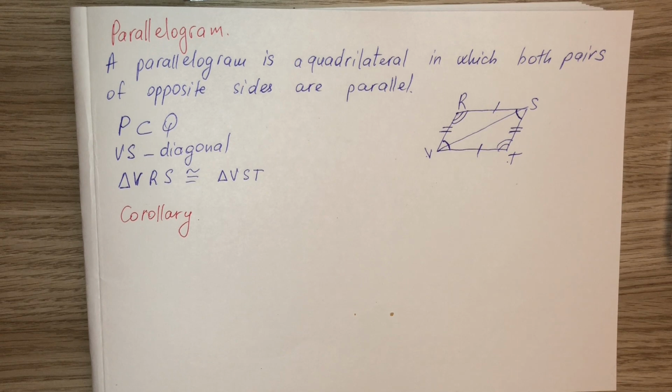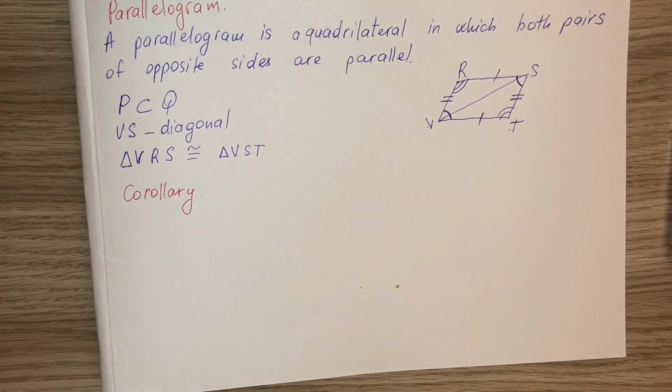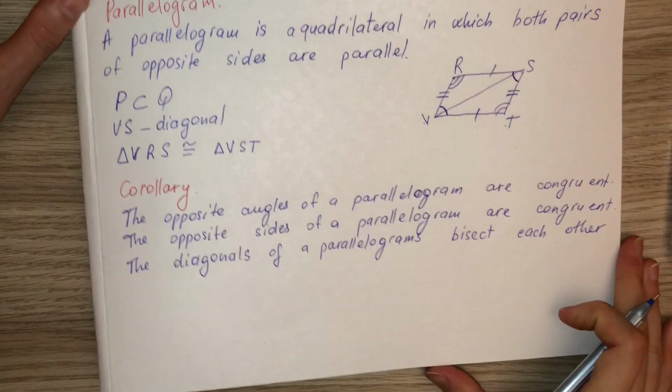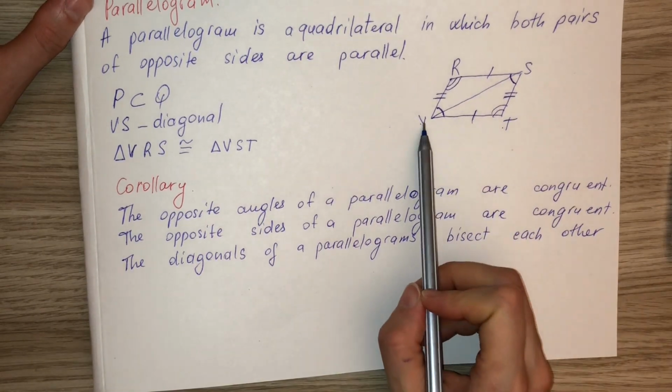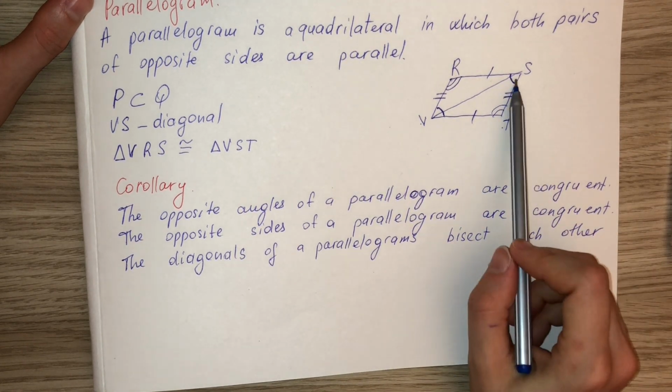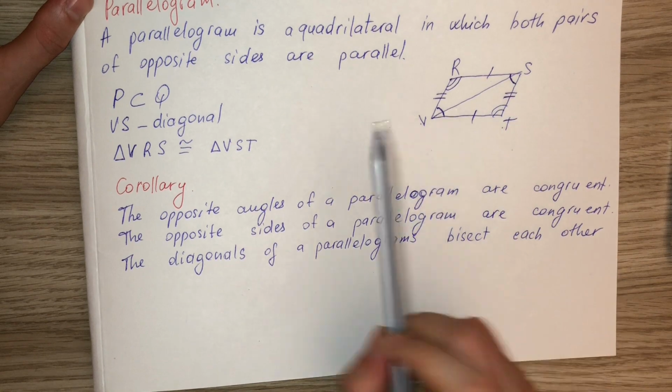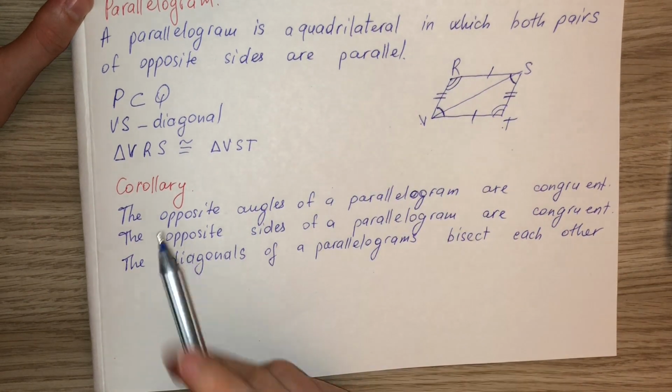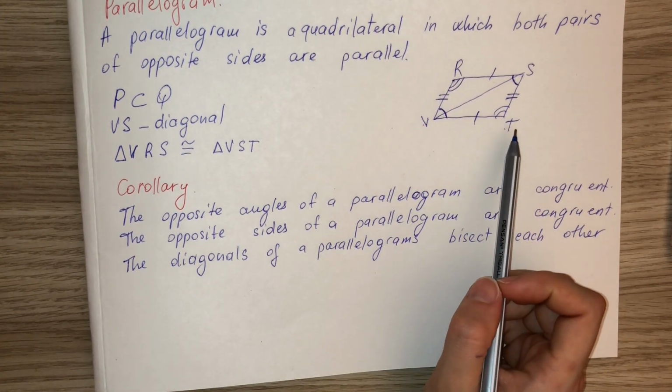The diagonals of a parallelogram bisect each other. Let's write what we talked about. The angle V is congruent to angle S. The angle R is congruent to angle T.